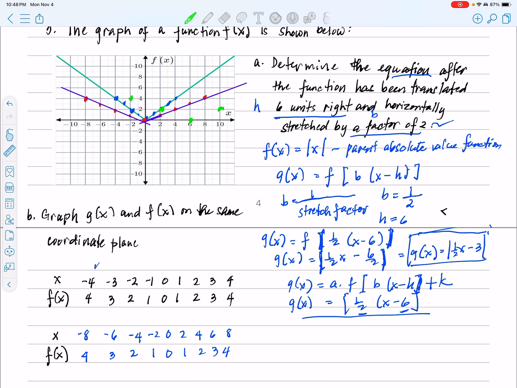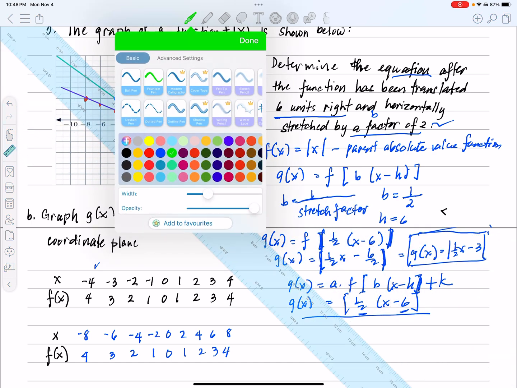Let's look at our new graph that has been moved. Okay, let me use another color for that. Okay, this one.